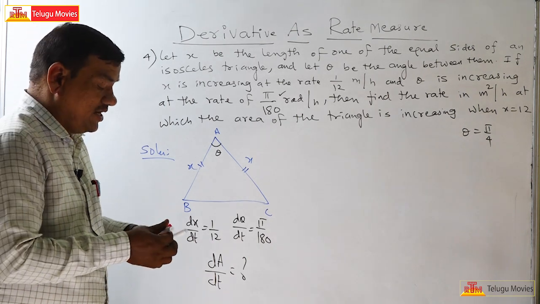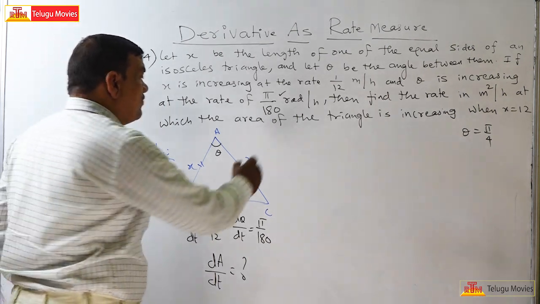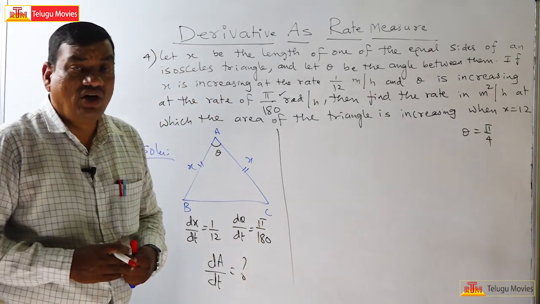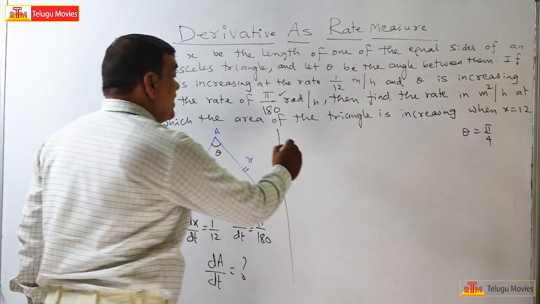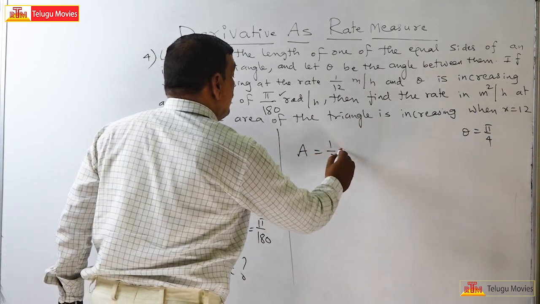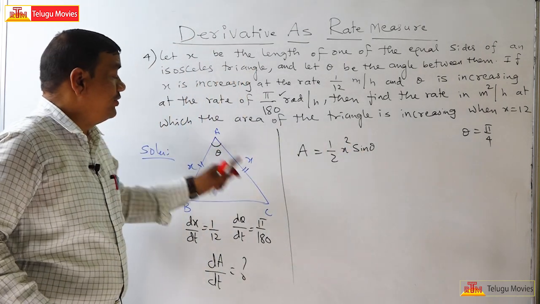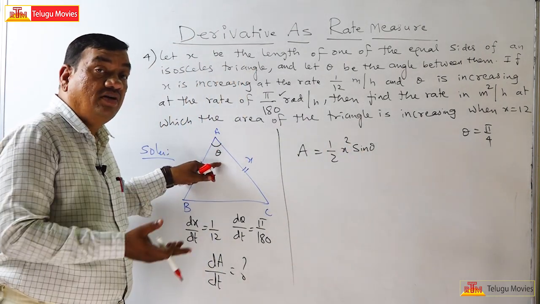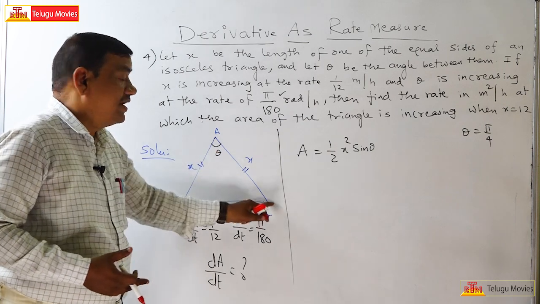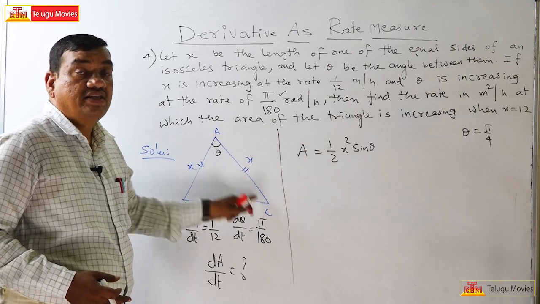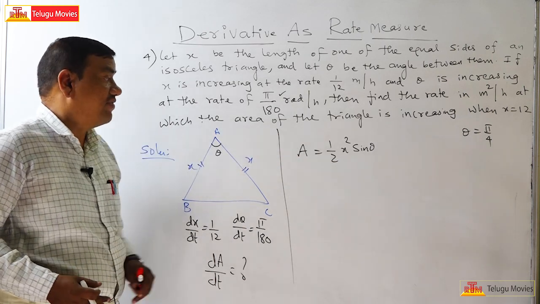Okay now, let us see how to do this. First of all, we know that from trigonometry, the area of the triangle is equal to half x square sin theta. That is half into AB into AC into sin of the included angle theta.